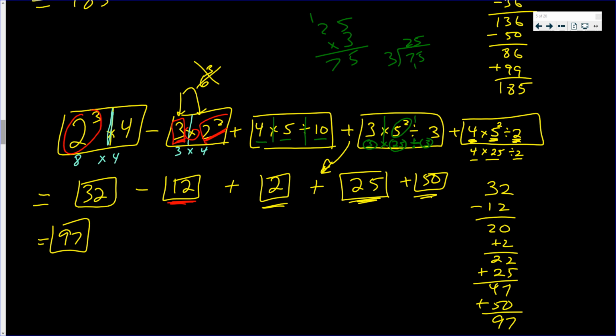It's this number times that number. 8 times 4, 32. Don't be combining the 2 squared with the 4 or the 10 with the 3. Okay, don't do that.